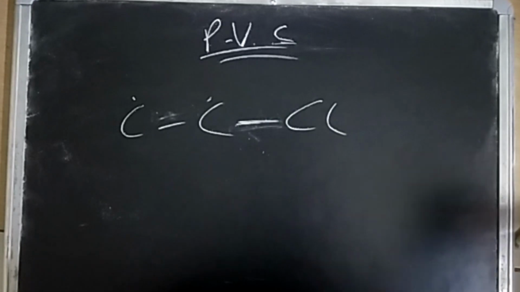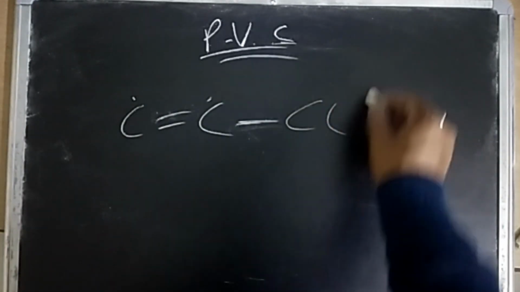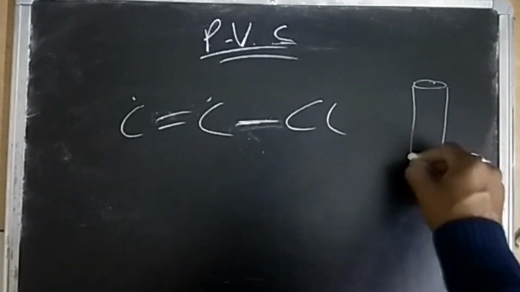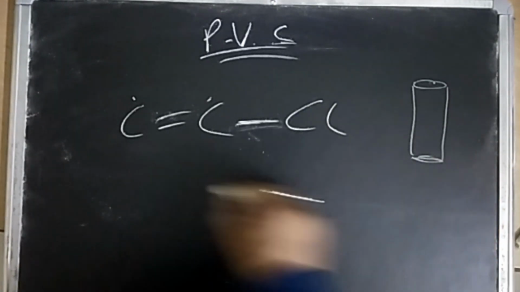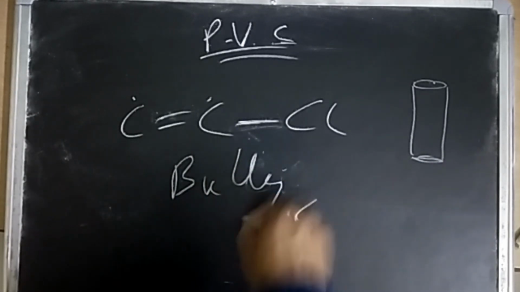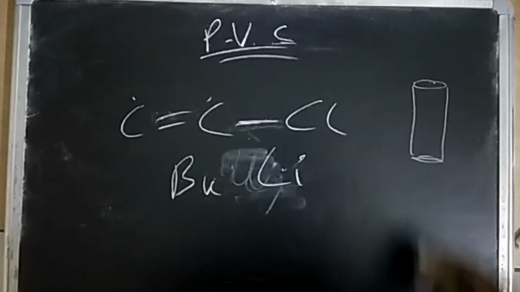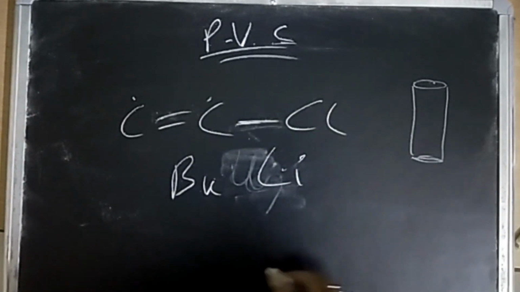PVC is used mostly to make pipes. Okay, one way to remember is bully. There are bullies who use these pipes and beat up people. So one way to remember that the initiator is bully.